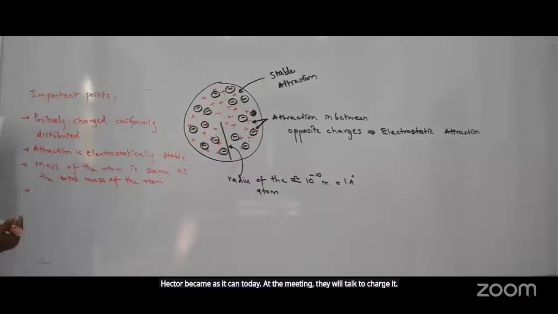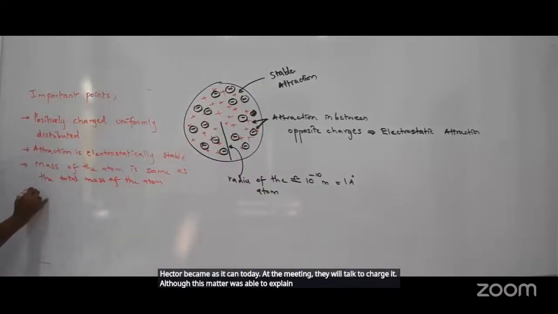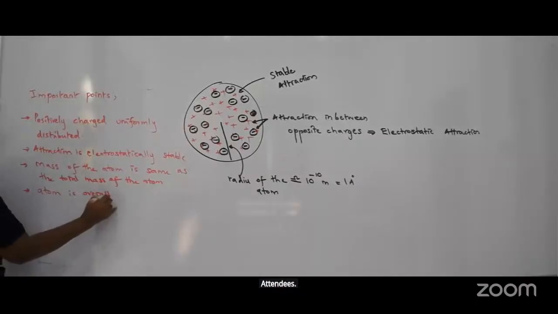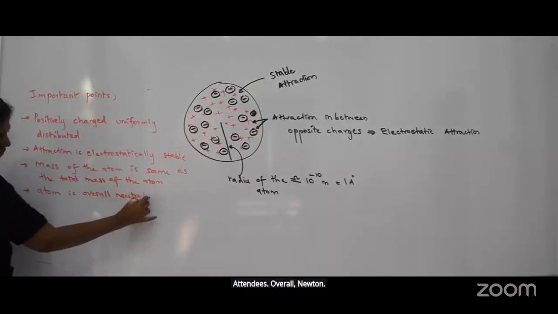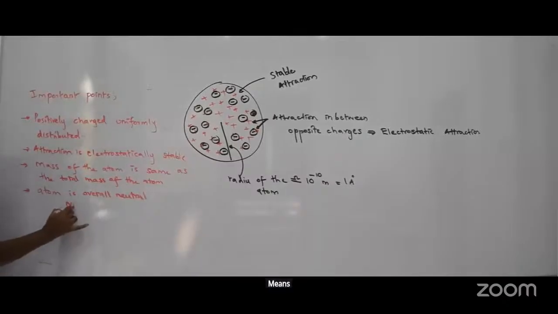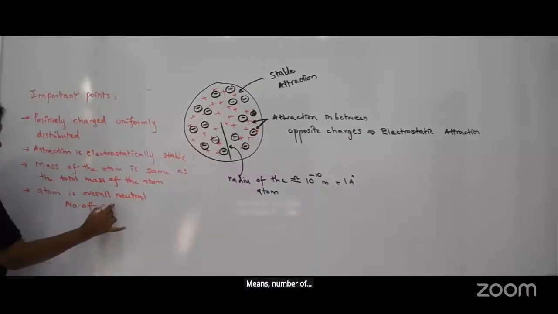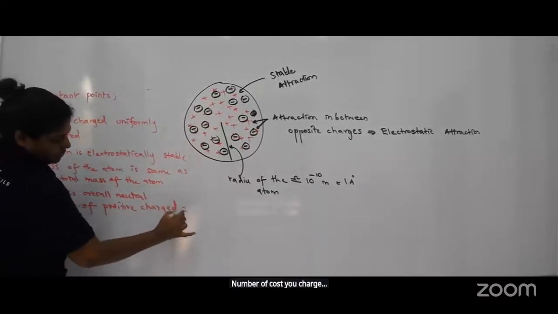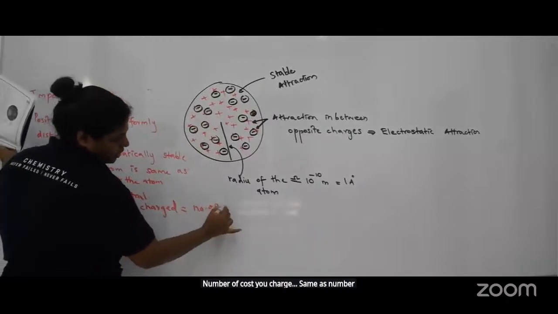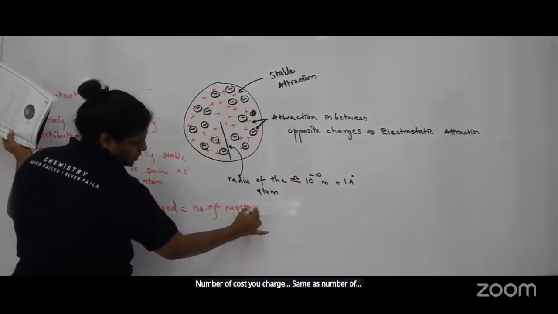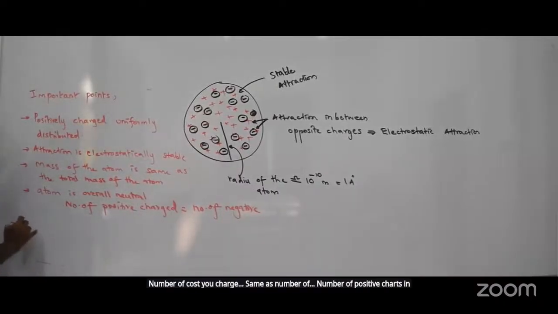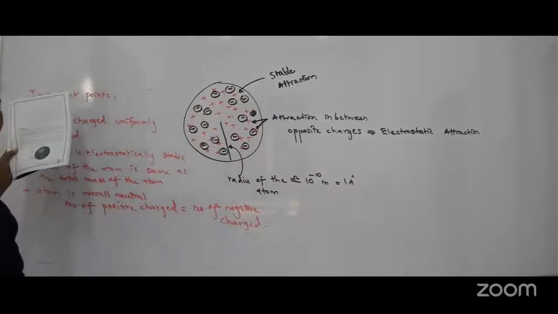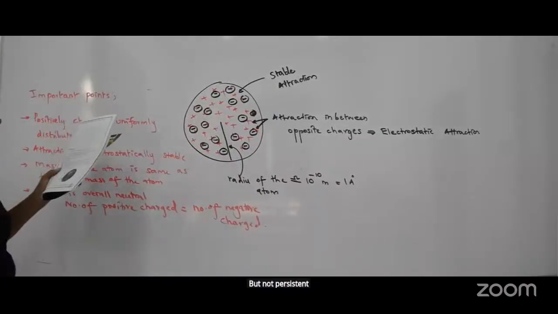Although this model was able to explain that the atom is overall neutral, meaning the number of positive charges is the same as the number of negative charges, it was not consistent with the results of the experiment.